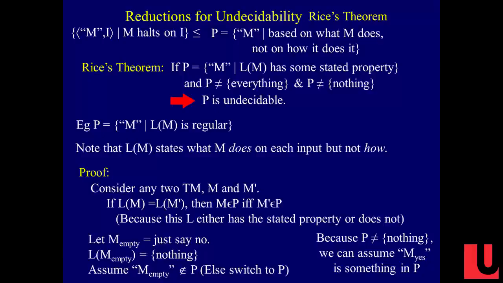We have a Turing machine M empty that says no to everything, and it happens that P says no to it. And then there's another Turing machine, M yes. We don't know anything about what it says yes and no to, right? We don't know anything about its language. All we know about it is that P says yes to it.